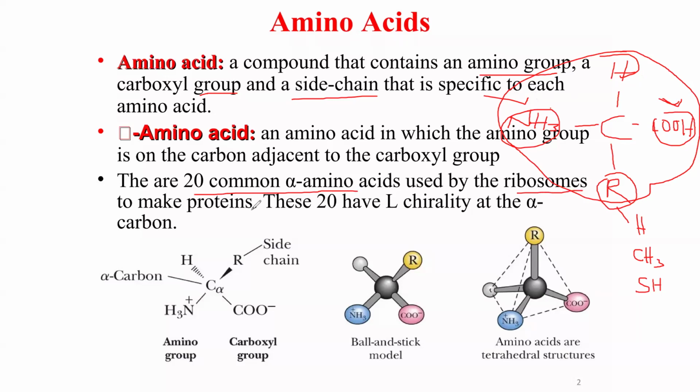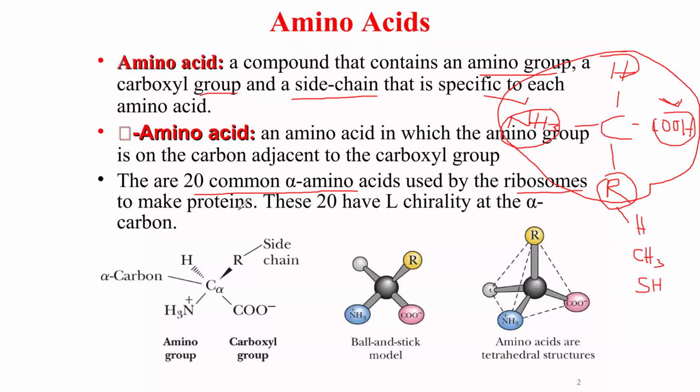ribosome to synthesize proteins. Remember from our previous class, we discussed the different functions of the cellular organelles, and one of them is the ribosome. The ribosome is like a protein manufacturing industry, an industry where we synthesize proteins.